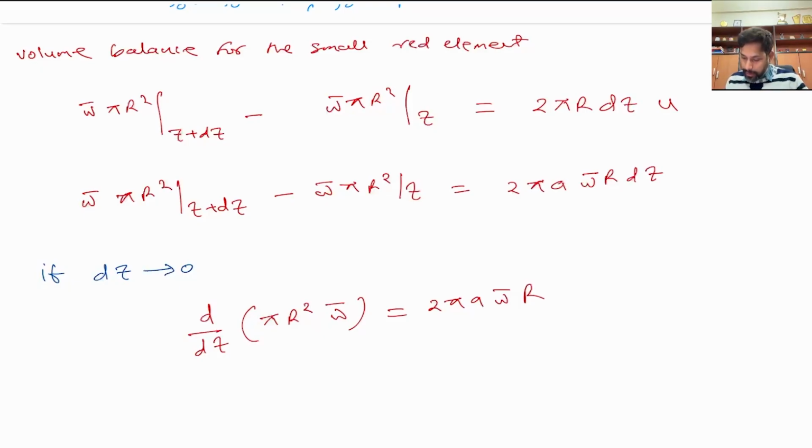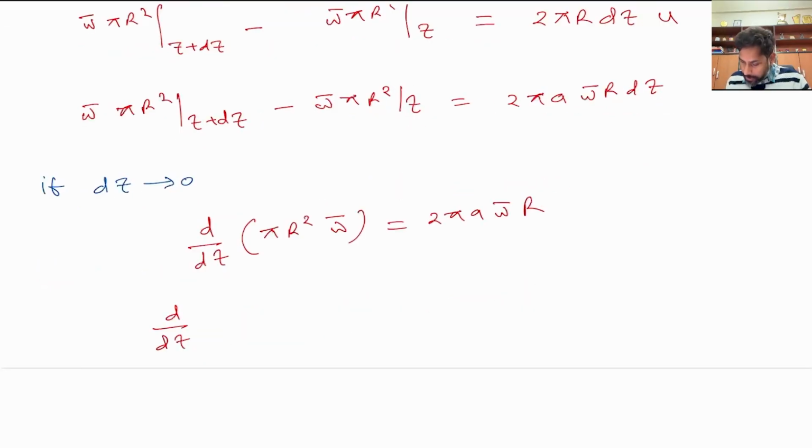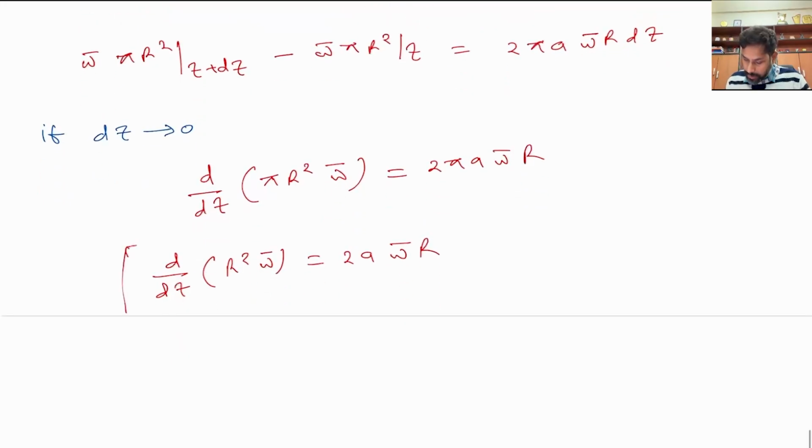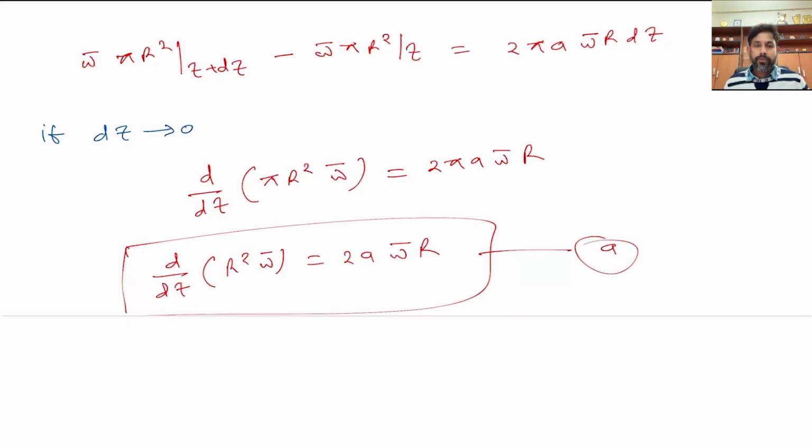Here pi will cancel out, so this equation becomes d by dz of r square w bar is equal to 2 a w bar r. We will call it equation A. So this is the volume flux balance, and now we will also find the momentum flux balance and the buoyancy flux balance.